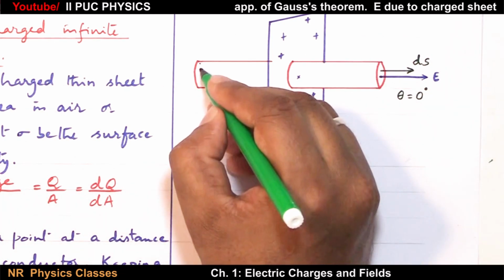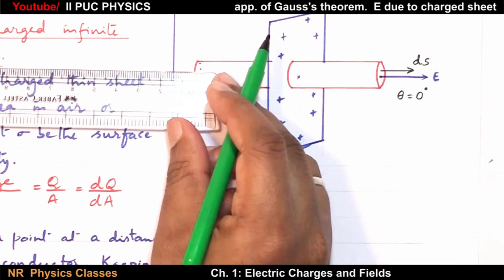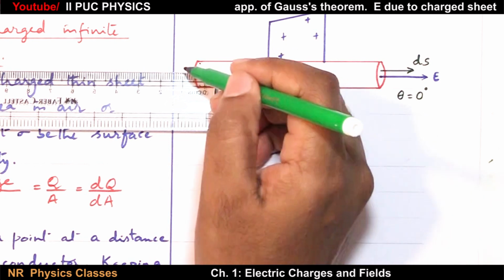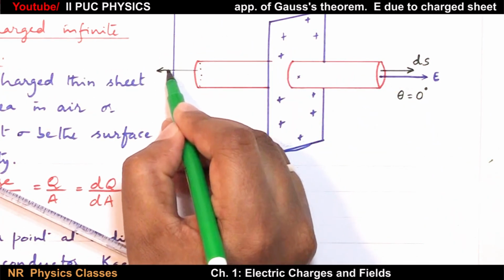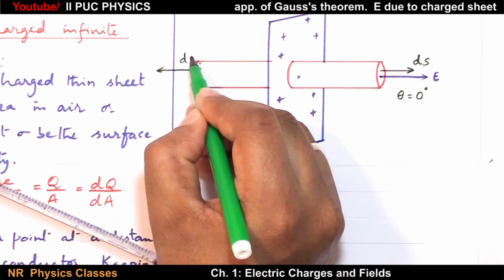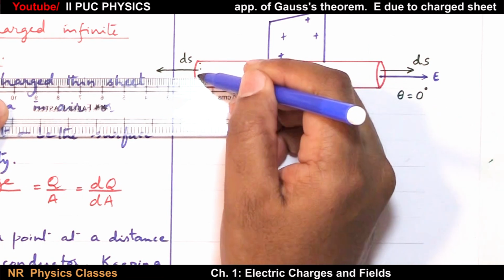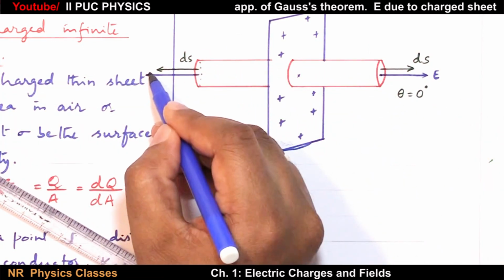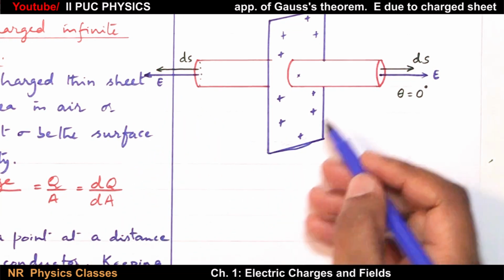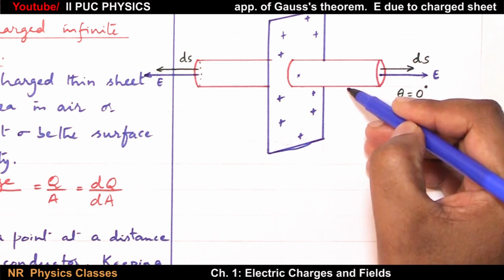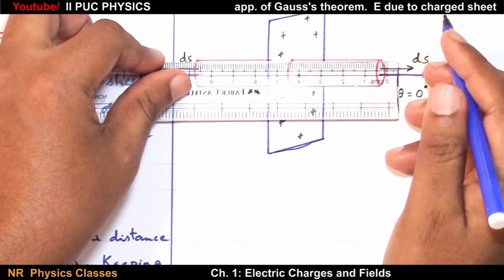There is one more circular face. Here also ds is perpendicular. This is ds. Electric field is also perpendicular. This is electric field E. Now for the third surface, curved surface, electric field is perpendicular.